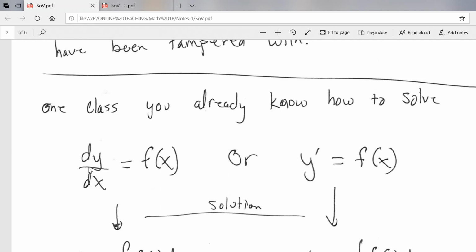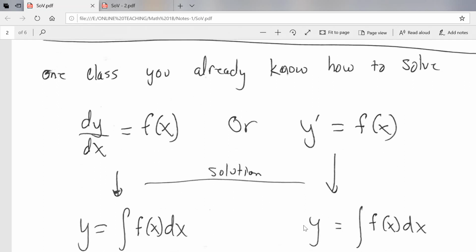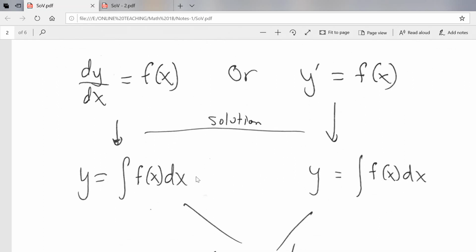And so the same thing over here. If you had the derivative of y with respect to x and you integrated it with respect to x, you'd get y. But if you integrate this side with respect to x, you must do the other side. And so the solution is that you get the integral of f of x. If you know the derivative is f of x, then the solution is the antiderivative of f.